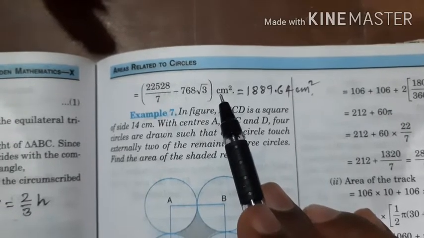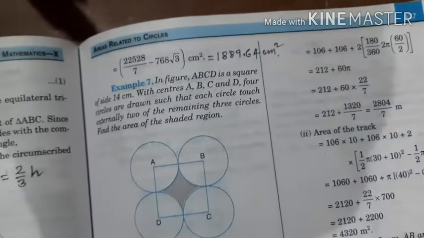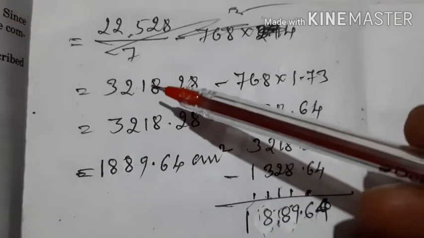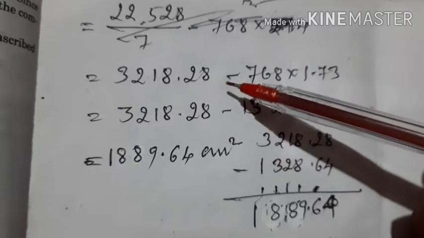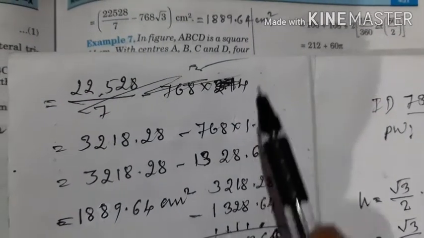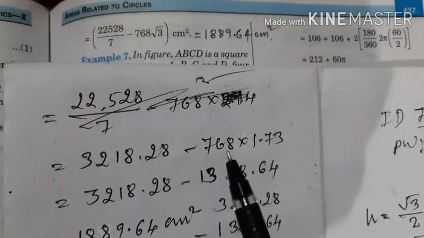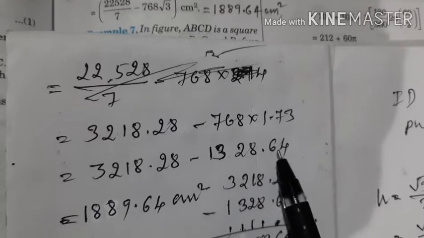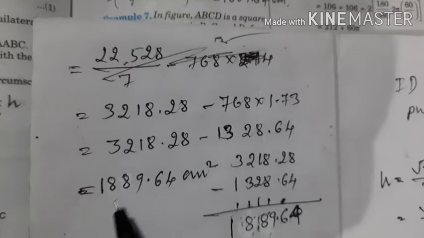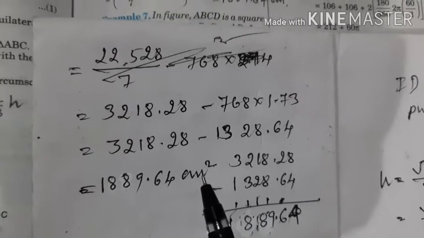This can also be the final answer, but 22,528 upon 7 is equal to, okay, how much? 3,218.28, and this minus 768 into this root 3 is 1.73, then 768 into 1.73 is 1328.64, and if this is subtracted from 3218.28, it becomes 1889.64 centimeter square.